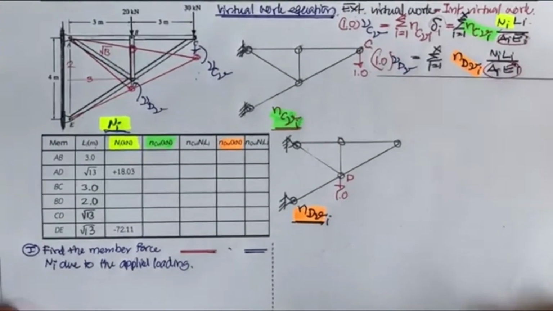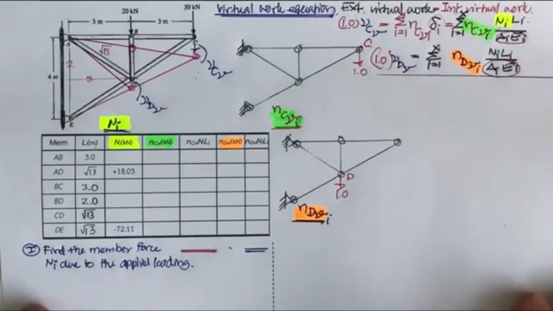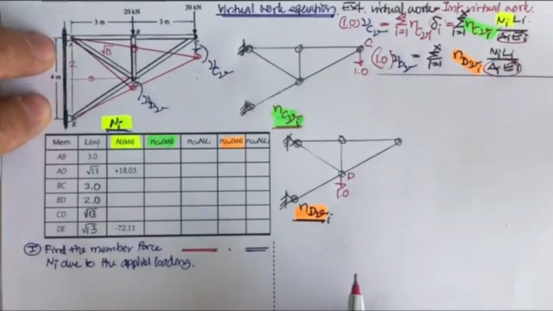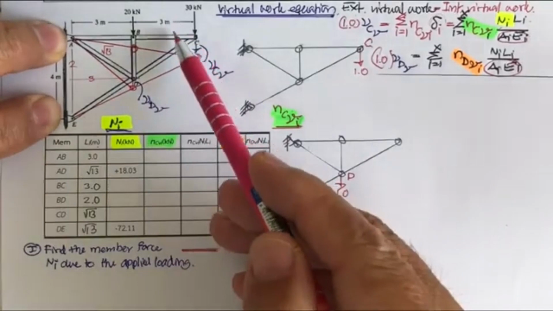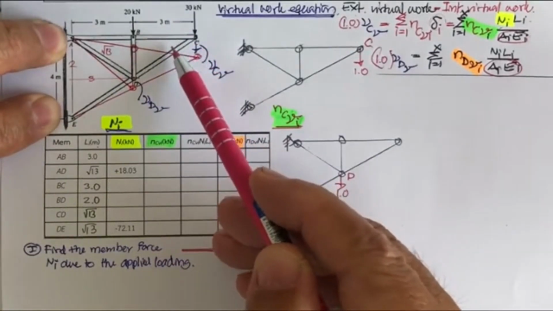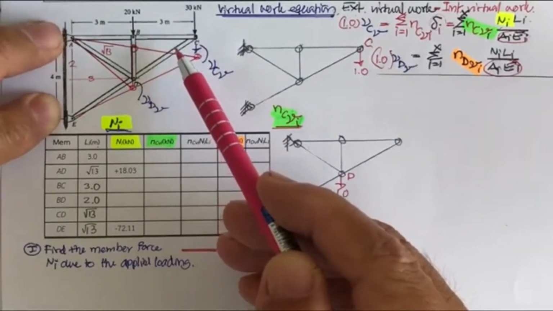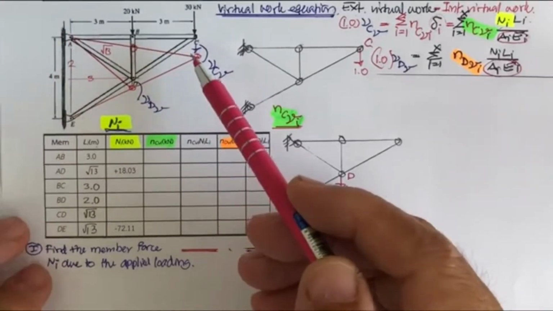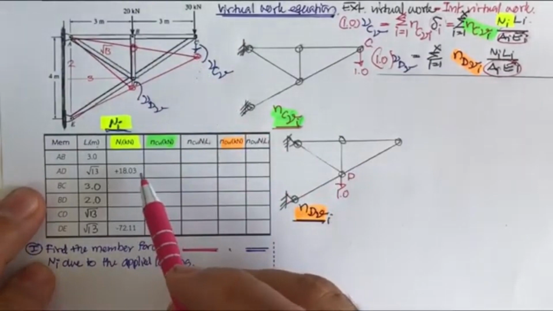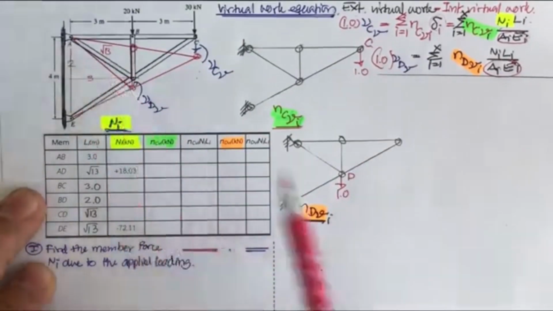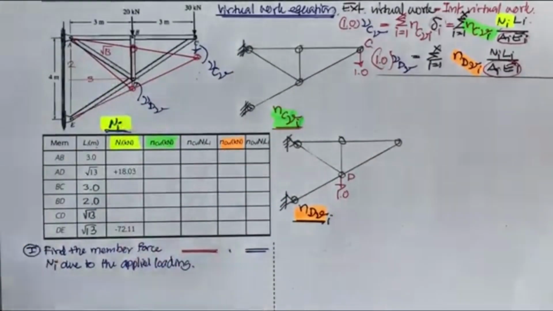If you would like to determine this, what are you going to do? We don't need to determine the reaction, because we can cut this to determine the force in these two members. And luckily, they also give us some information on the force in member AD.